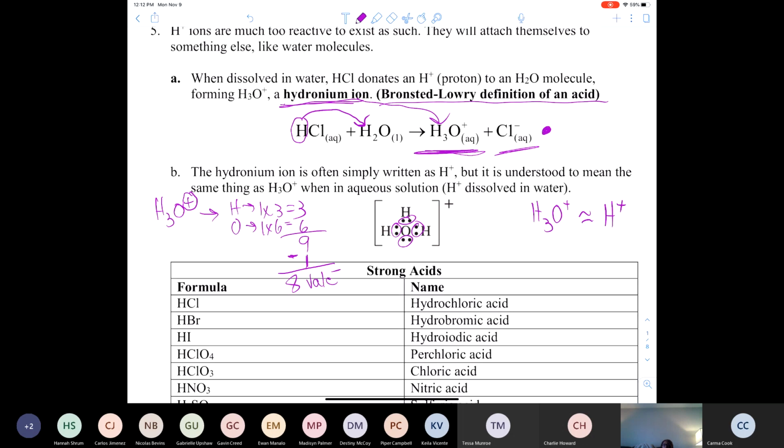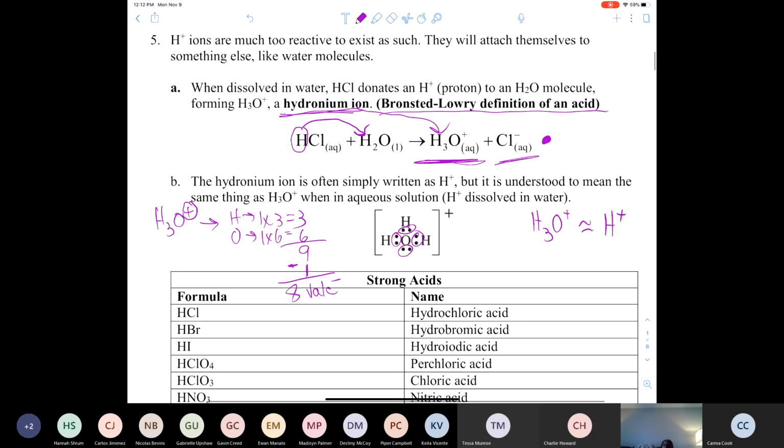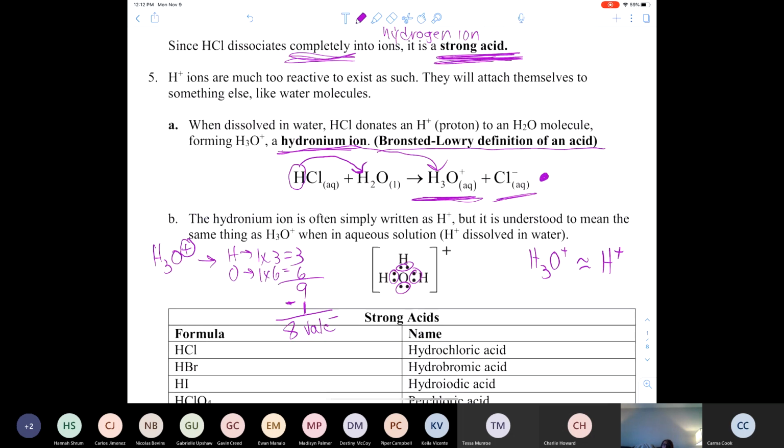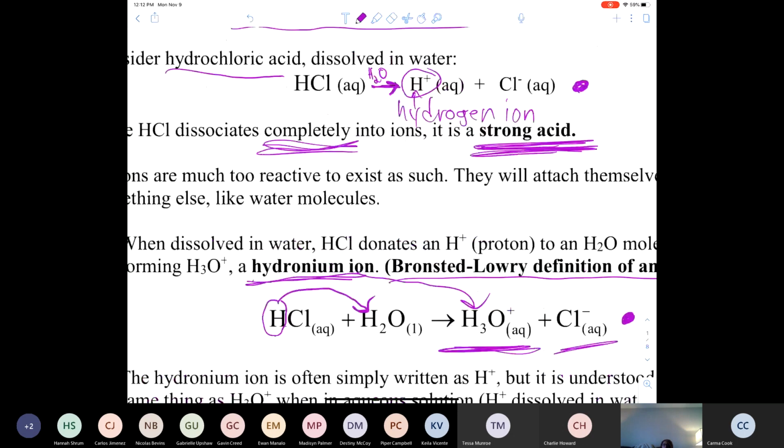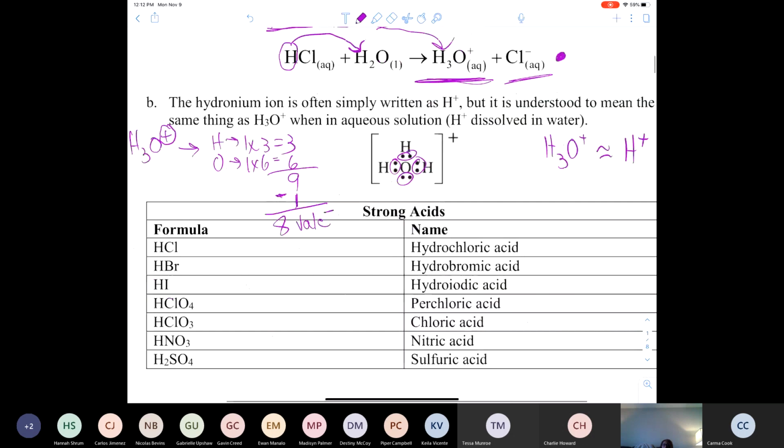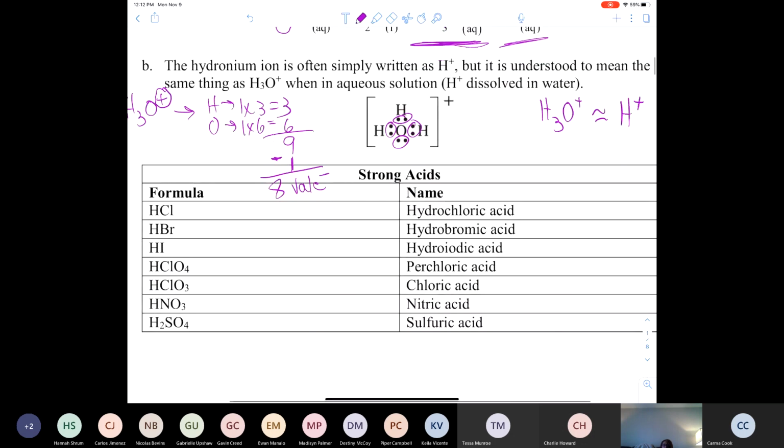And so we said that HCl is a strong acid because it dissociates completely into its ions when you place it in water. And so here is a list of the other strong acids.